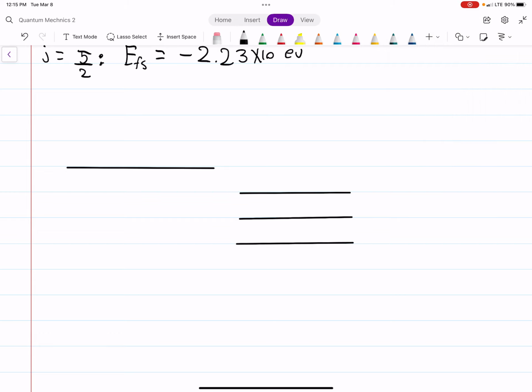So this we could say is E3. This is J equals 5/2. J equals 3/2. J equals 1/2. So you can see the energy is being lowered more and more depending on your J value. So this can kind of space off to here, or here, or here.